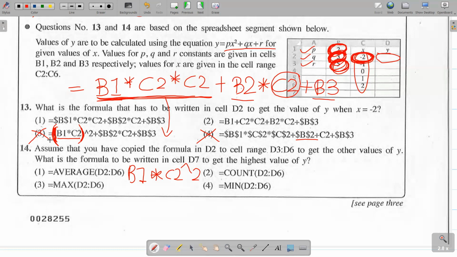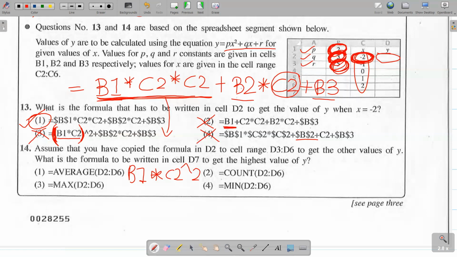And in the second one, it has B1 alone over here. So B1 is not alone. B1 should be multiplied with C2 and C2. So the second one is incorrect again. So the obvious answer is the first one. Right, so to find the answer, we don't really need to look into the absoluteness of the cells. First, let's just go through whether the equation is correct or not.